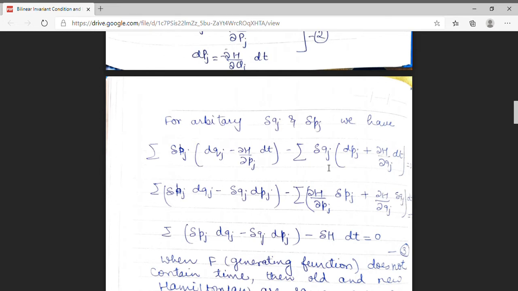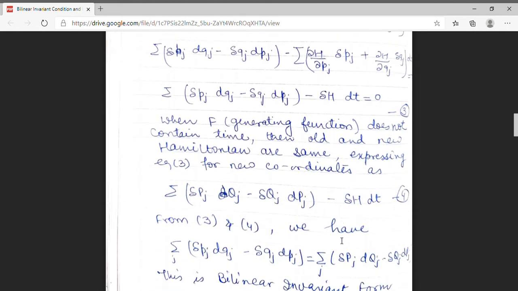So these terms are the variation of the Hamiltonian, that means del H. Here we have taken that our generating function does not contain time, and we have already shown in our previous lectures that when there is no dependence on time, then the old and new Hamiltonian are the same.